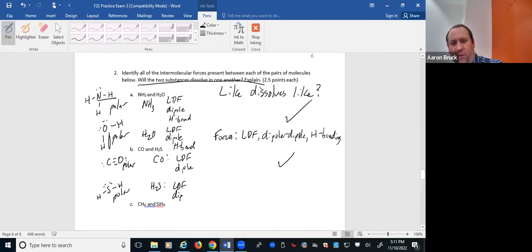We're going to have dipoles. Can we get hydrogen bonding inside of H2S? No, it's not one of the right kind of bonds. So we know we're going to have London forces. We know we're going to have dipole-dipole.